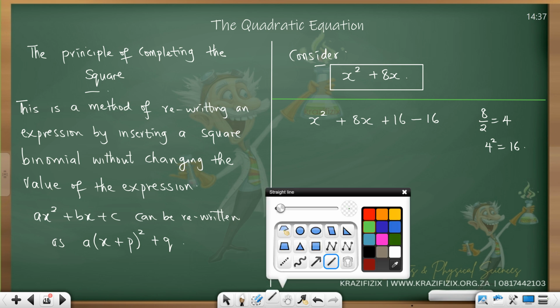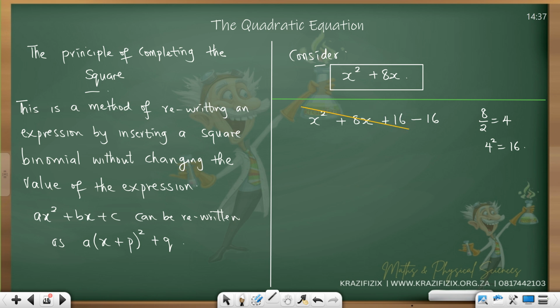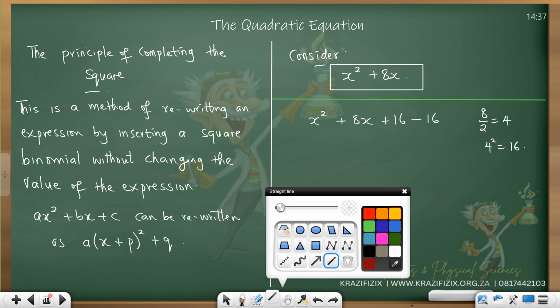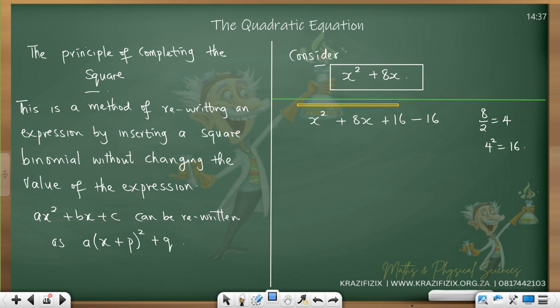Now, look at this first part of this equation. I wanted a box. Look at the first part with the positive. That's a trinomial. Can we factorize that? If I factorize, let's see what we are going to get. Check what I'm going to do, and I have my minus 16 there.